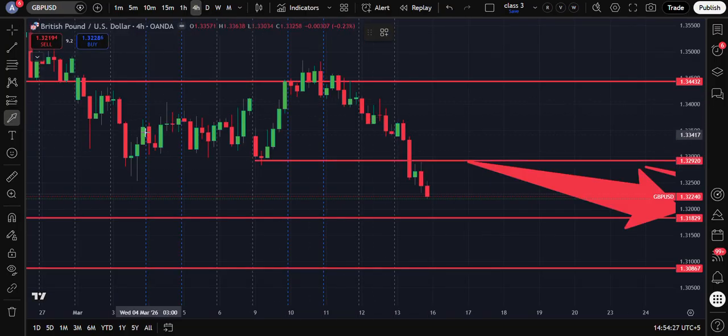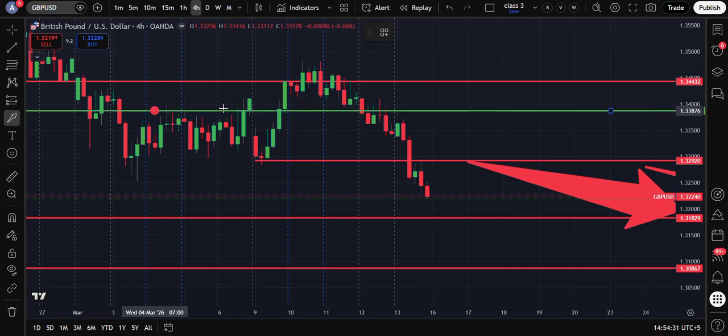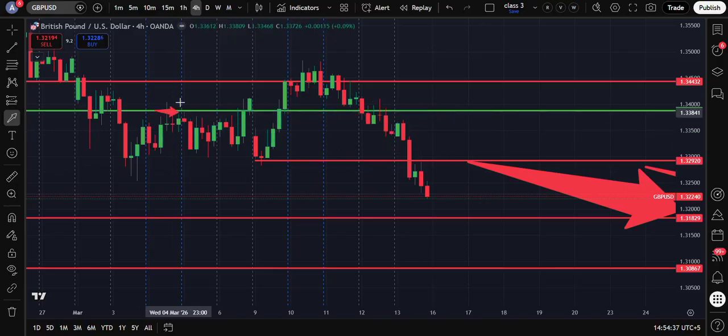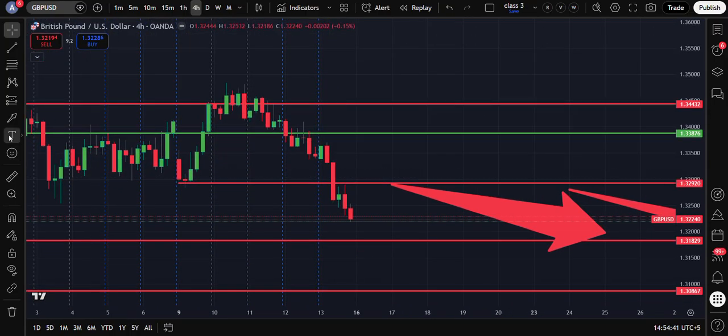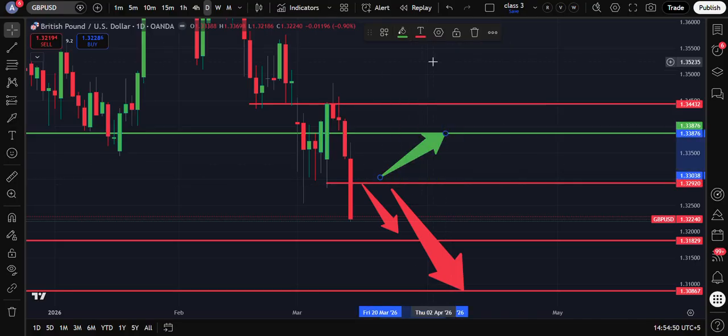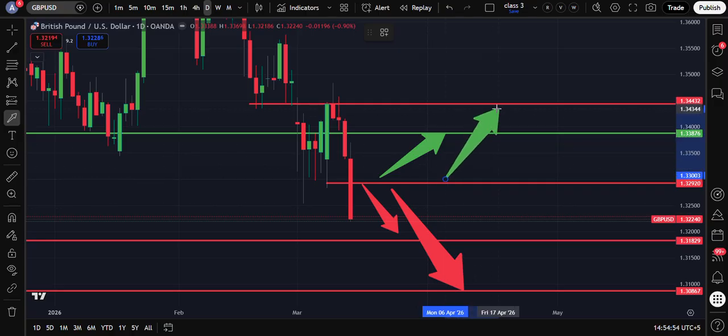Okay, guys. My correction targets would be 1.33876, and the next target would be 1.34432.